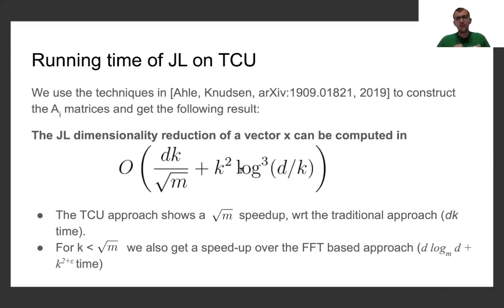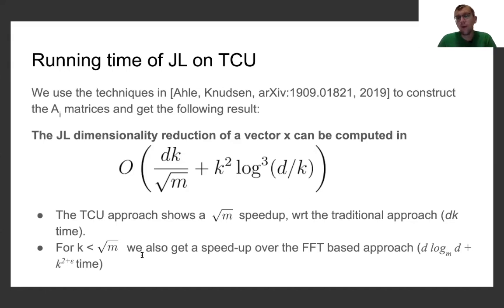So if we ignore the right term and just consider this term, we have that with Tensor Core units we can improve the running time by a factor square root of m with respect to the traditional approach that takes time d times k.